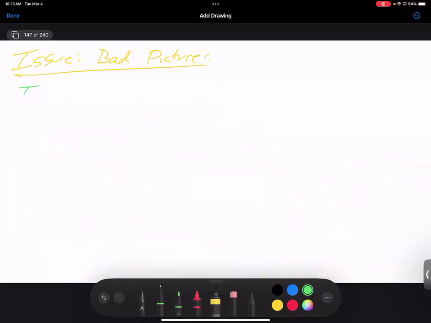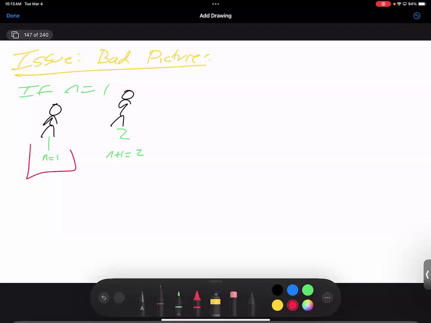If n equals 1, here is n equals 1, here's n plus 1, which would be 2. And now notice in this case the groups are disjoint. So there is no common person.